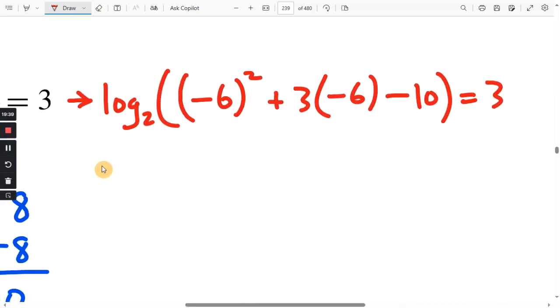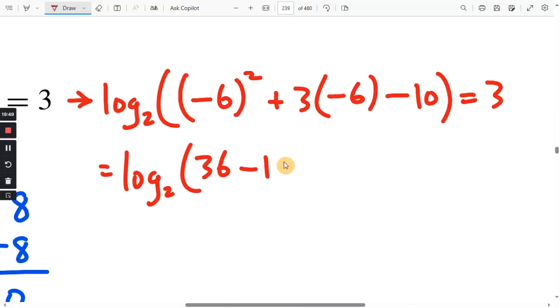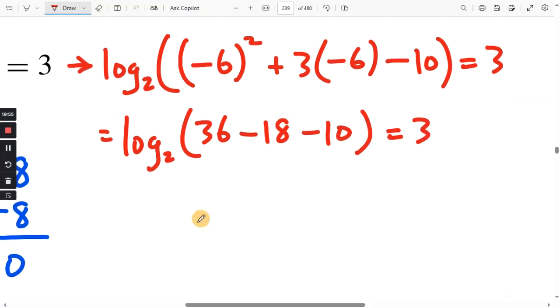All right, so that's going to equal log base 2, and we have negative 6 squared, 3 times negative 6, minus 10, equals 3. All right, so that's log base 2. 36 minus 18 is negative 18.